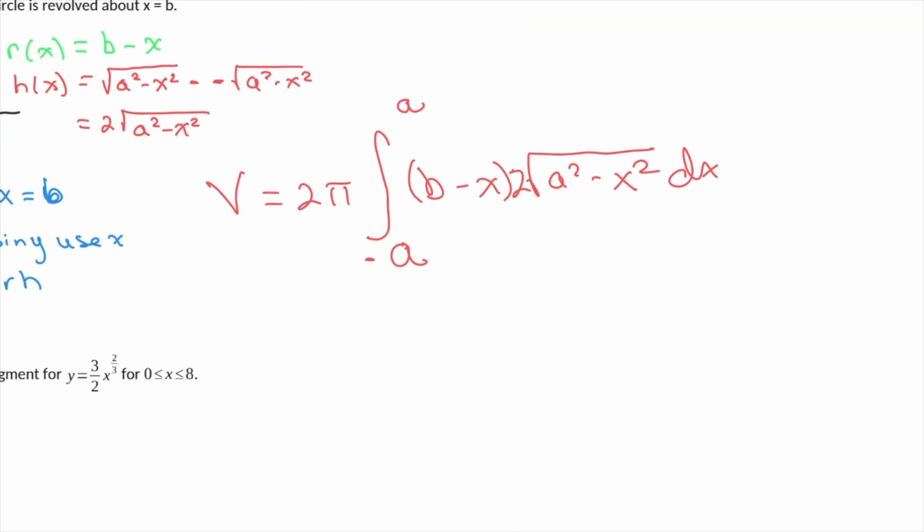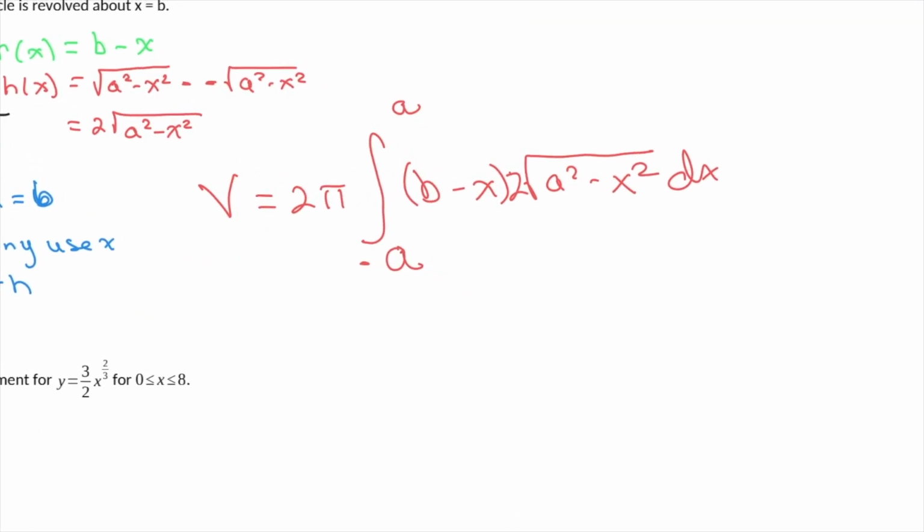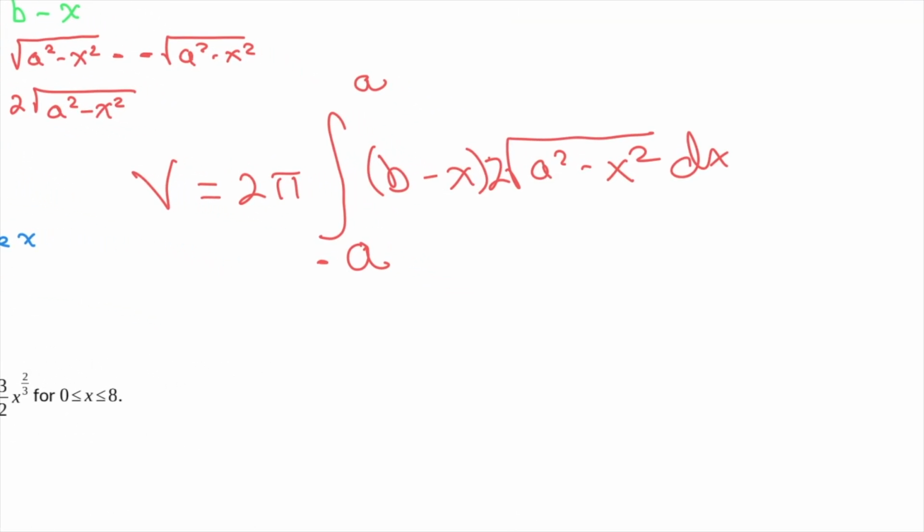All right, so here's our volume. Now this volume is a bit tricky to integrate. So let's factor out our 2, which gives us our 4 pi. Then we're going to have the integral from negative a to a. Let's distribute.